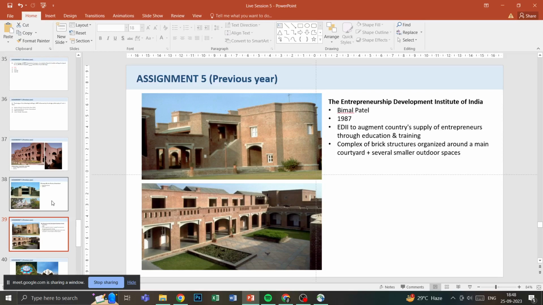You can see the use of exposed brickwork, deep corridors, and various small outdoor spaces. So this design is also influenced by Louis I. Kahn's work.